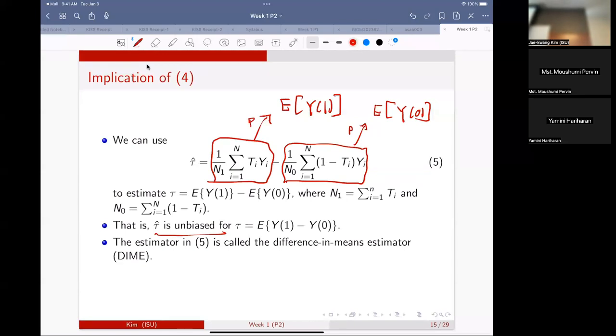That is a very simple estimator, but it's important. Since it is important, it has a name: the difference in means estimator.